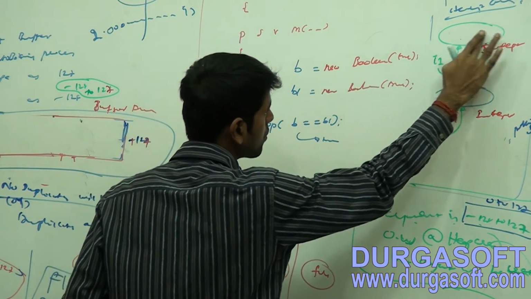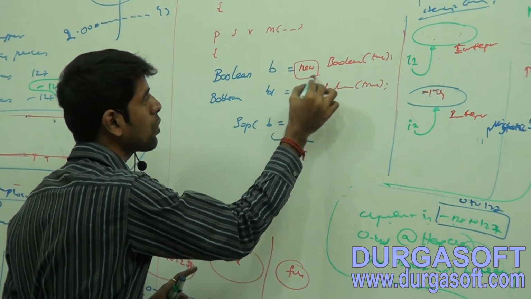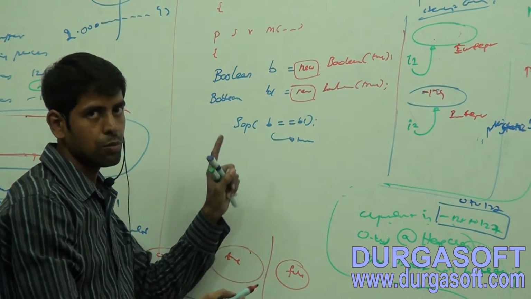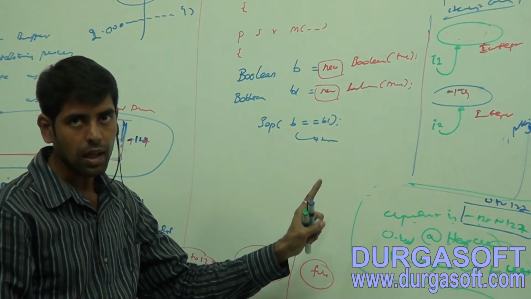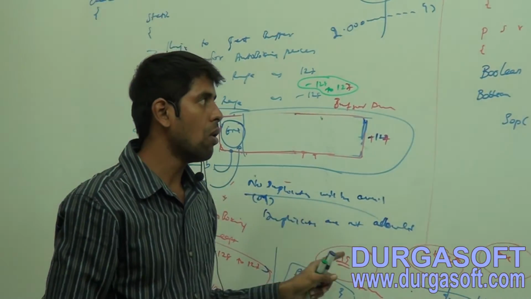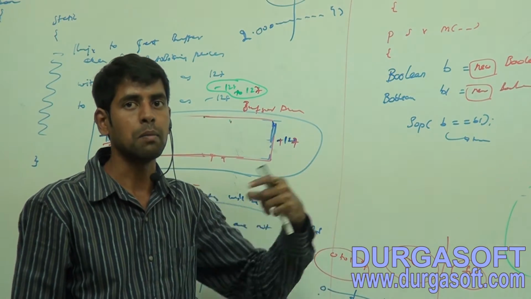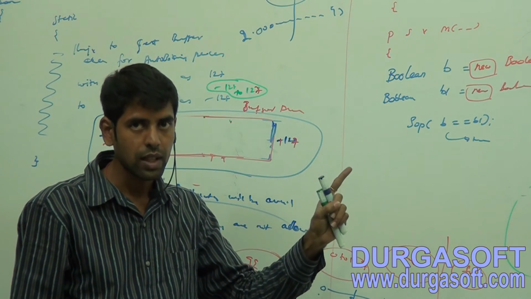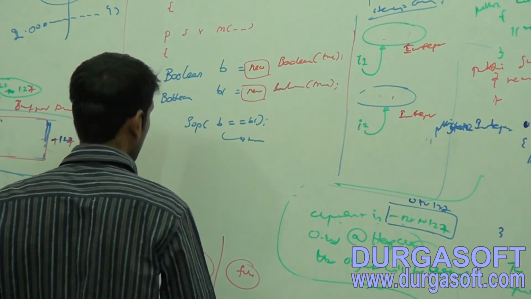Now an object will be created in the heap area because of the new operator. The object will be created in the heap area but not in the buffer area. No auto boxing code here. I am directly creating the object in the heap area myself.